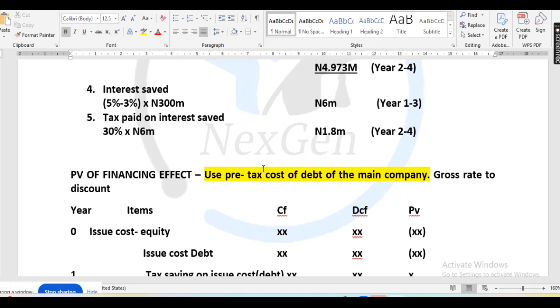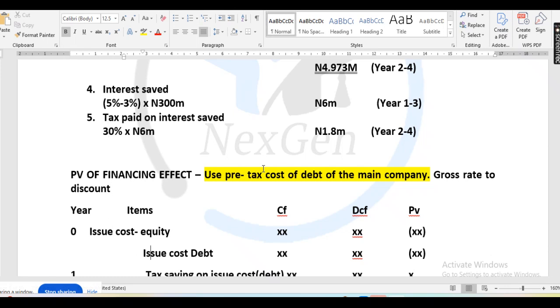It is the cost of debt of the company. That is what you will use because it is the financing effect. It is what we use to finance the business. That is what you will use to discount this project.